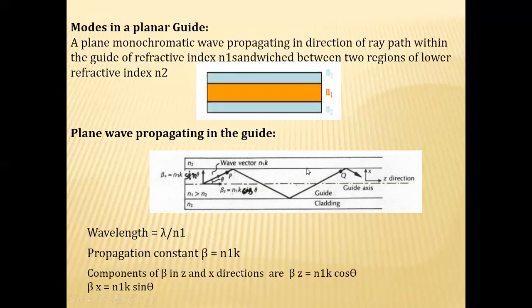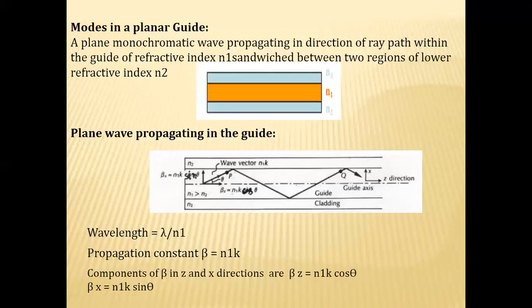Here, the component of the phase propagation constant in the Z direction is given as beta Z, and the value of beta Z is equal to N1 K cos theta, where theta is the angle between the wave propagation vector and the guide axis, right? This is our guide axis. Here we have N1 K, which represents the vacuum propagation constant.